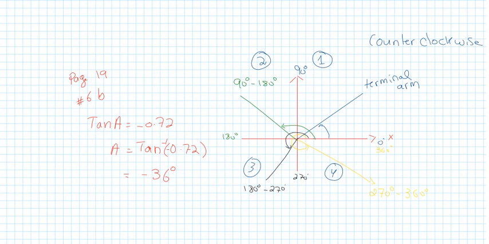So it depends on which quadrant your line lies in, then your measurement is going to be between the two angles. But remember that we're always measuring from the positive x-axis counterclockwise. Now, if someone tells you your angle is negative 36 degrees, as the calculator just told you that your answer is negative 36 degrees.